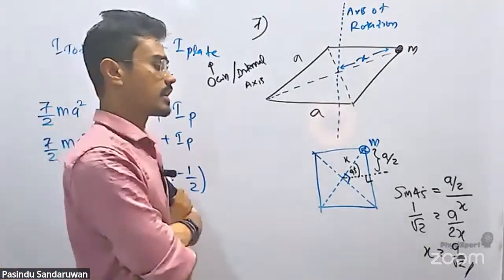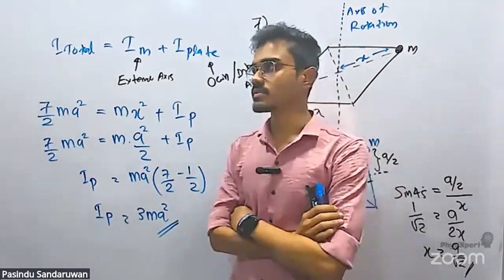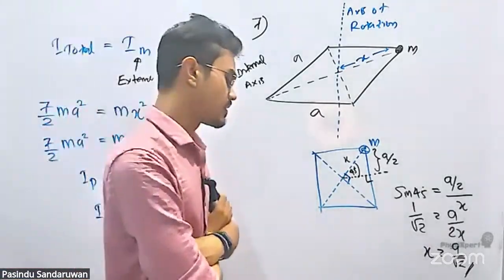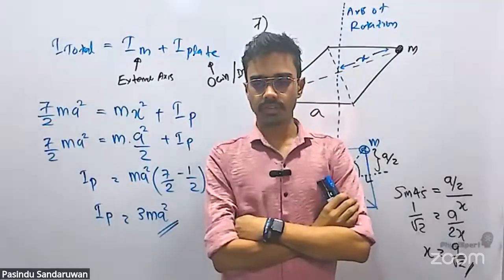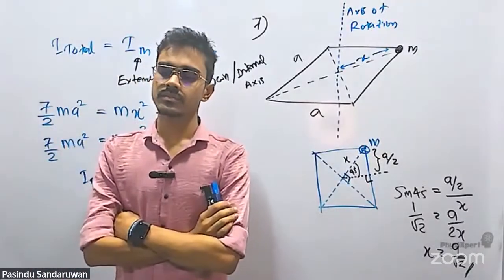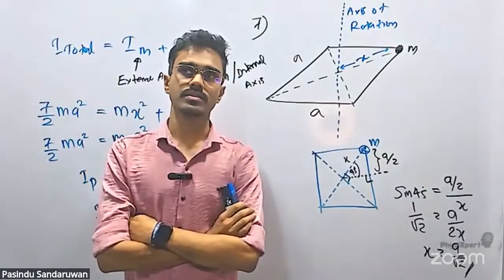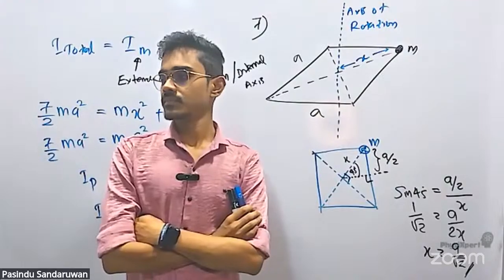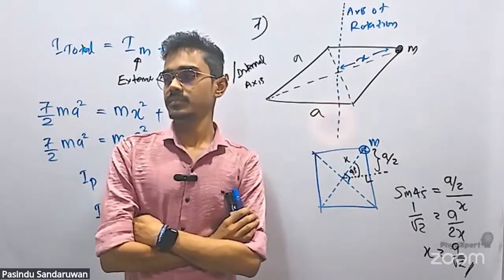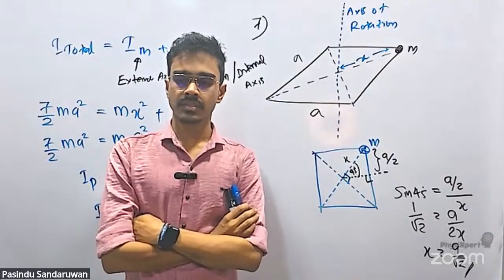Okay, write down below with the red pen. Total moment of inertia is equal to the sum of all moments of inertia, the sum of moments of inertia of each object about the same axis.